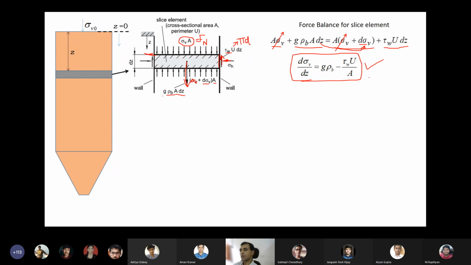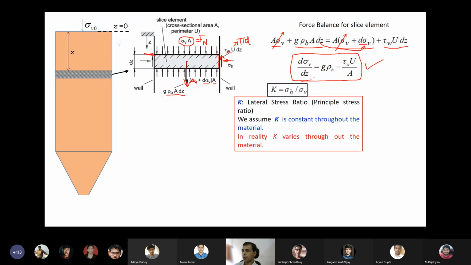Yeah, thank you. So it is fairly simple, just know the way I have written. And we know K equals horizontal stress by vertical stress, the lateral stress ratio. We assume K is constant, but in reality K might vary because the stress sigma h varies with height, that is, with the level.